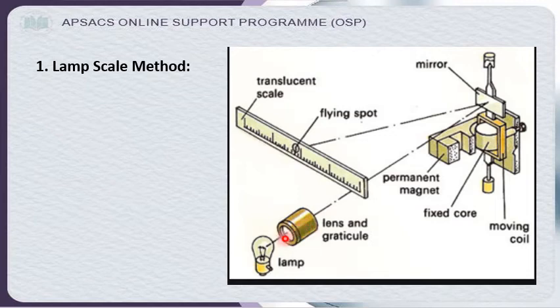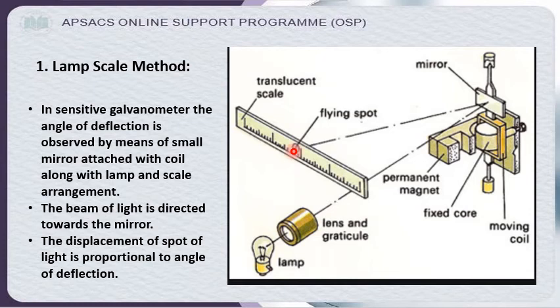The purpose of the lens is to concentrate the light at one point, and it must be set in such a way that the light falls on the mirror, and after falling on the mirror, it will reflect back on the scale. The scale must be placed in such a way that it can be used to read the graduation, or the angle theta of deflection. This is the spot of light.